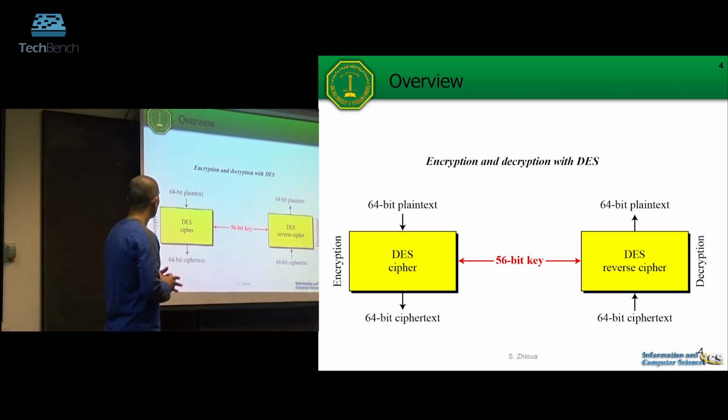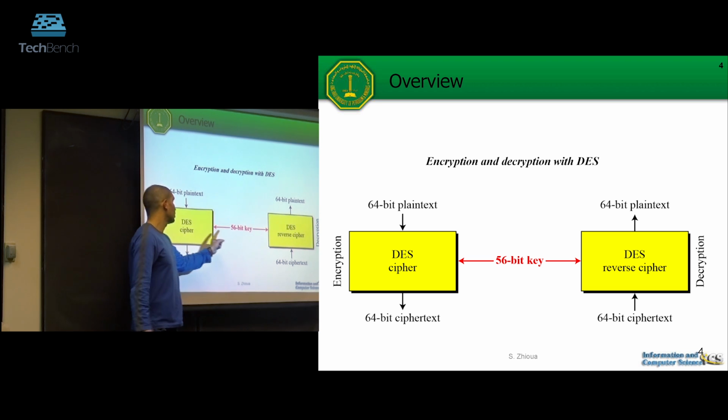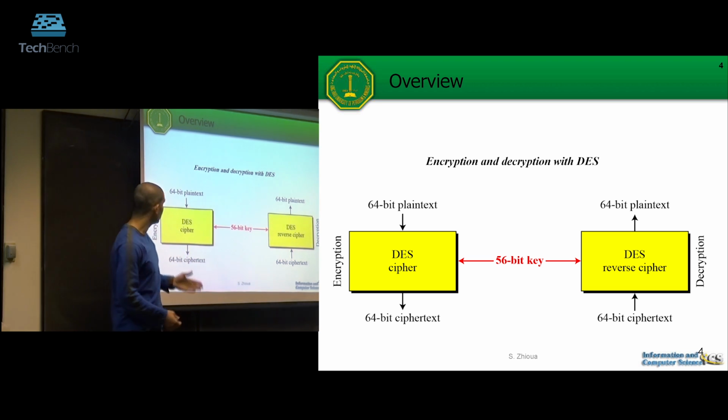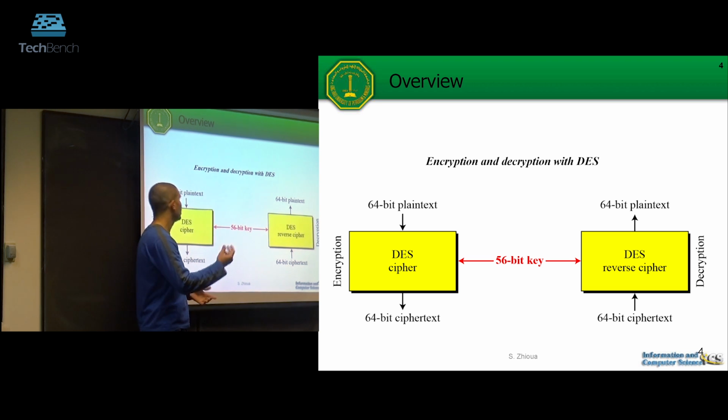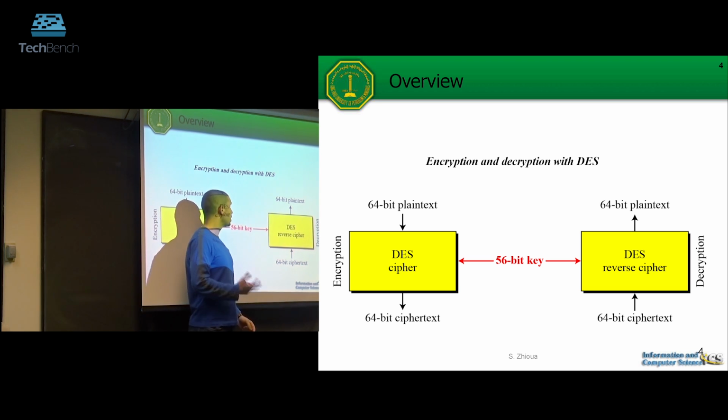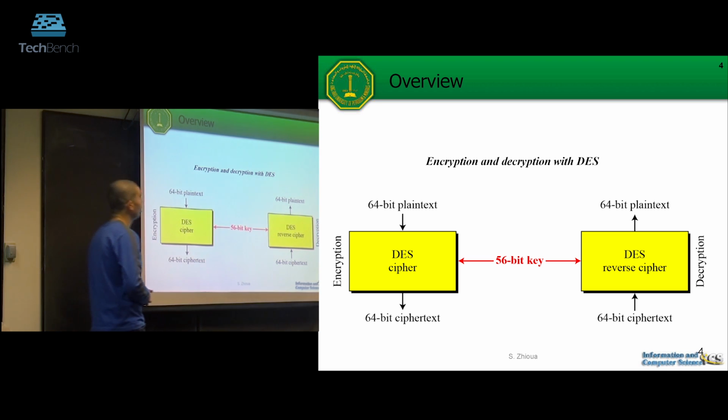The DES cipher takes as input 64 bits of plaintext and a 56-bit key, and it will generate 64-bit ciphertext. The decryption side is very simple. It takes as input 64 bits of ciphertext and a key of 56 bits, and it gives you the 64-bit plaintext.